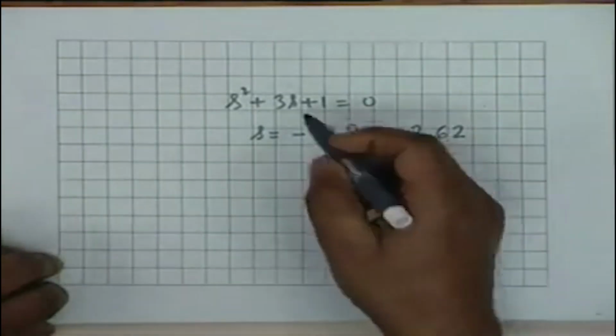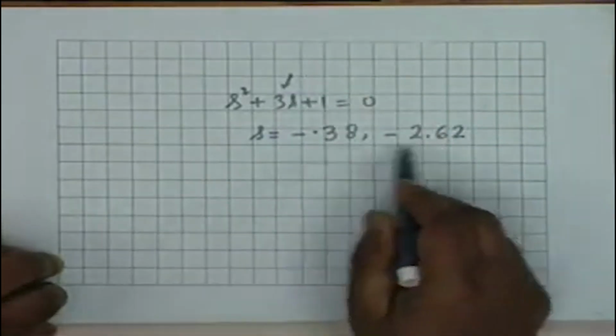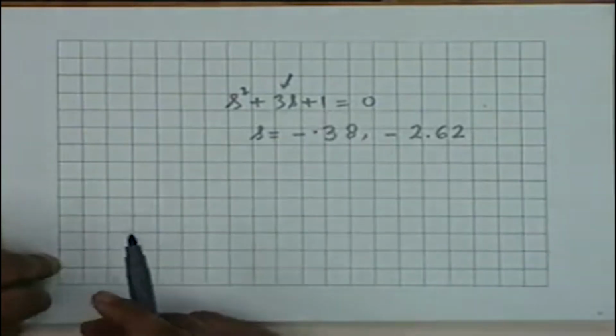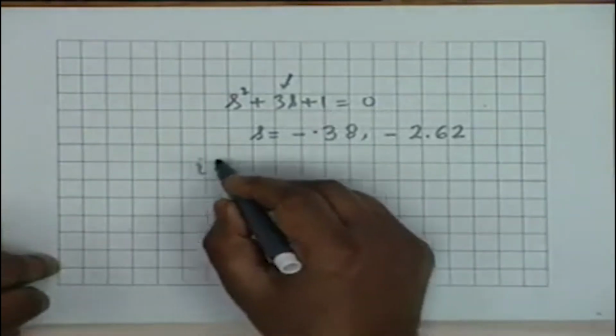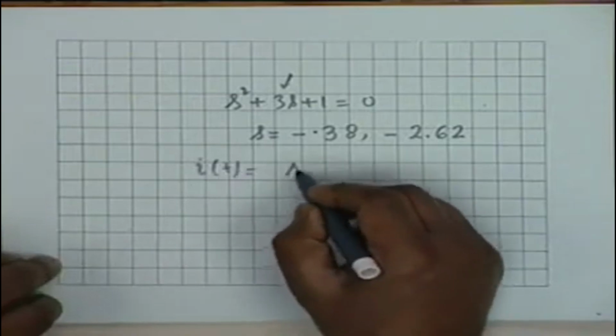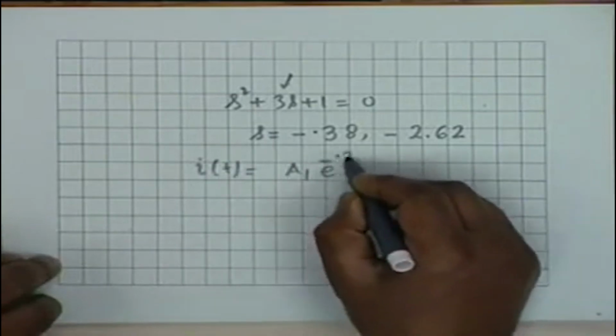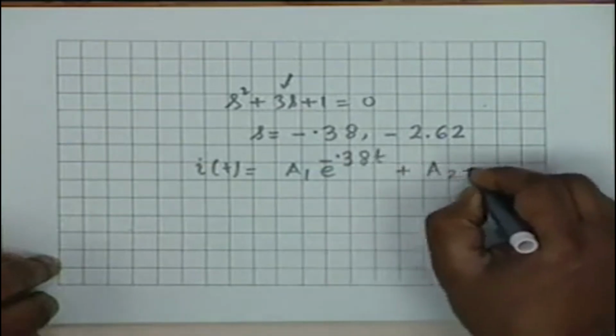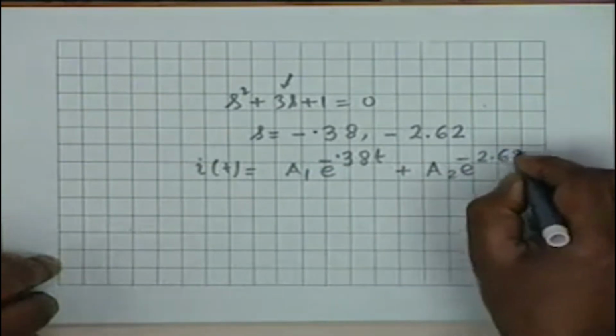The sum of them is equal to 3, it has to be. The product of them has to be equal to 1. Alright. So my current response I of t shall be equal to A1 e to the power minus 0.38 t plus A2 e to the power minus 2.62 t.